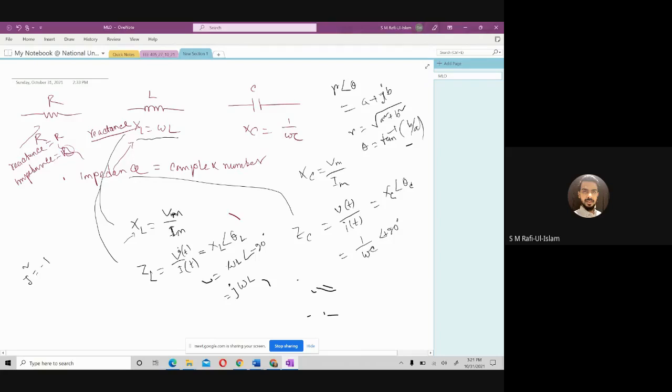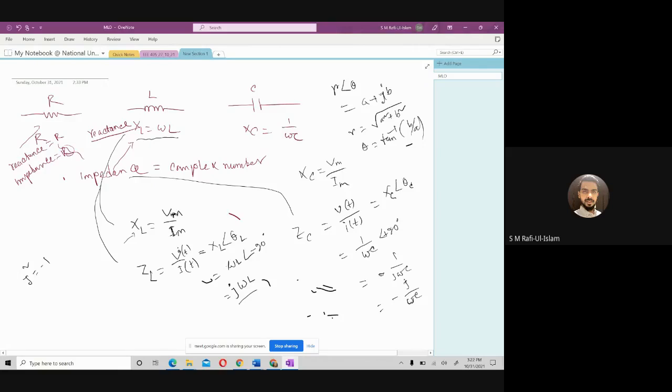If I write i omega L, then people will be confused. Is this i the imaginary number, or is this i the current passing through certain electrical components? So this is the case, and since this is plus, so 1 upon J omega C, or sometimes we write J divided by omega C.